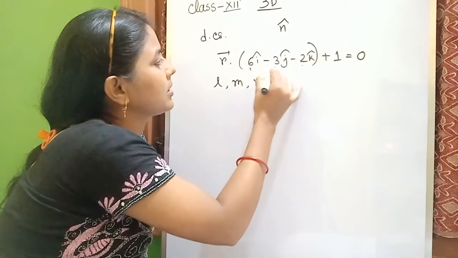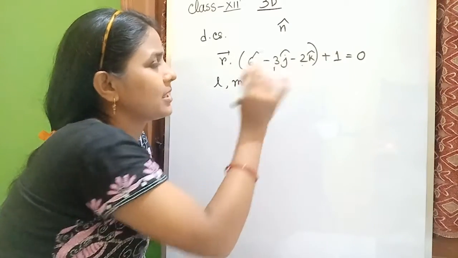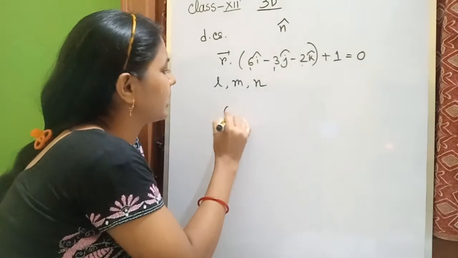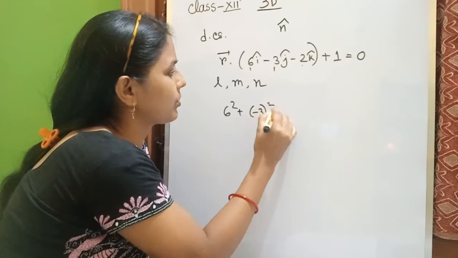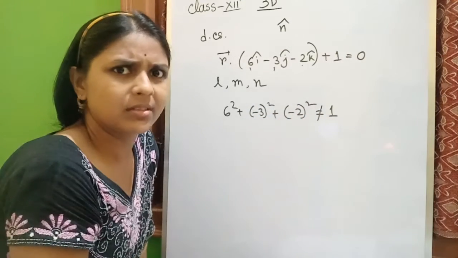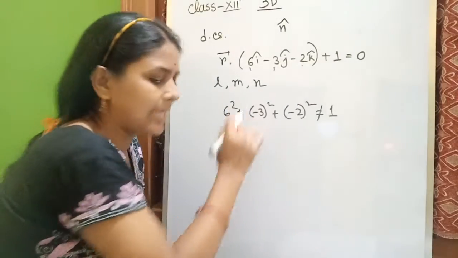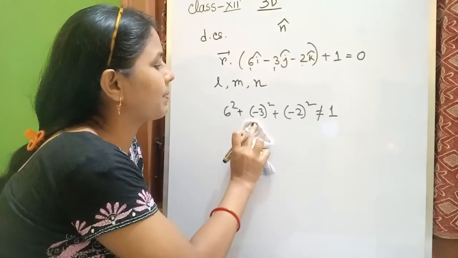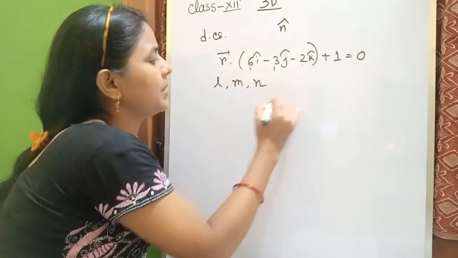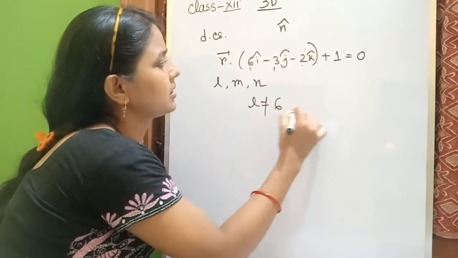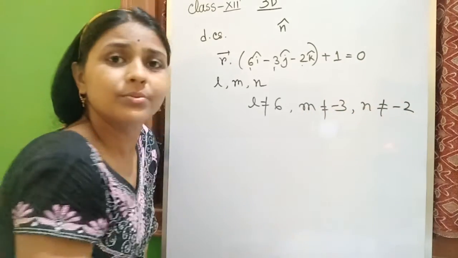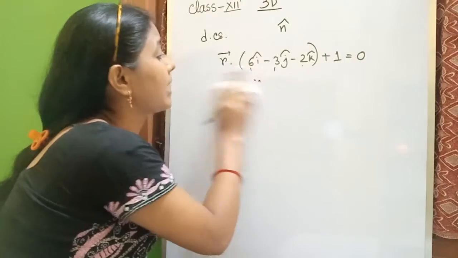But look at this square plus this square plus this square, is it coming 1? 6 square plus minus 3 whole square plus minus 2 whole square, is it coming 1? Never. It's not equal to 1. That means l can't be 6, m can't be minus 3 and n can't be minus 2. So we need to find this.